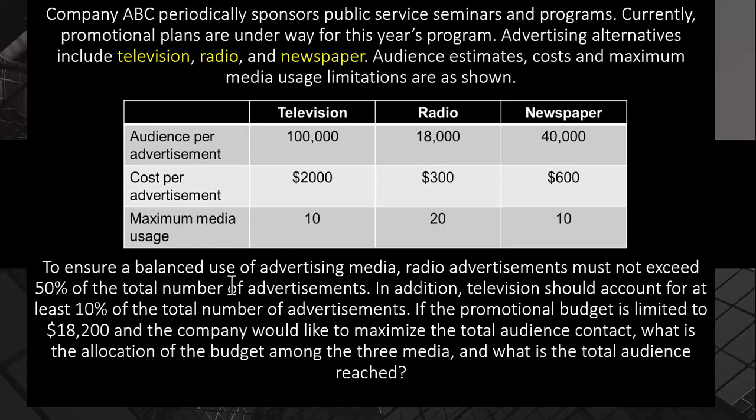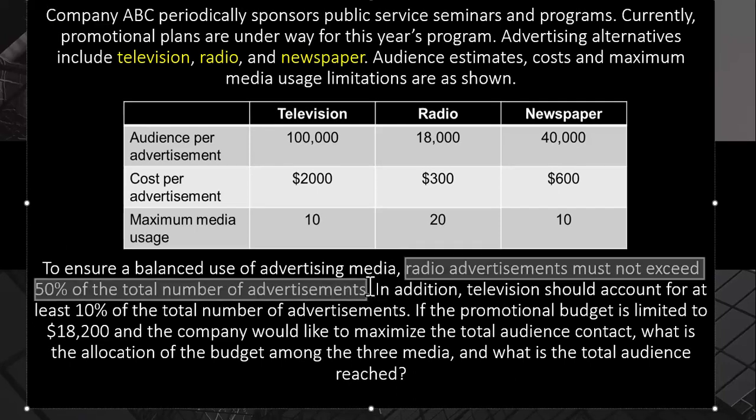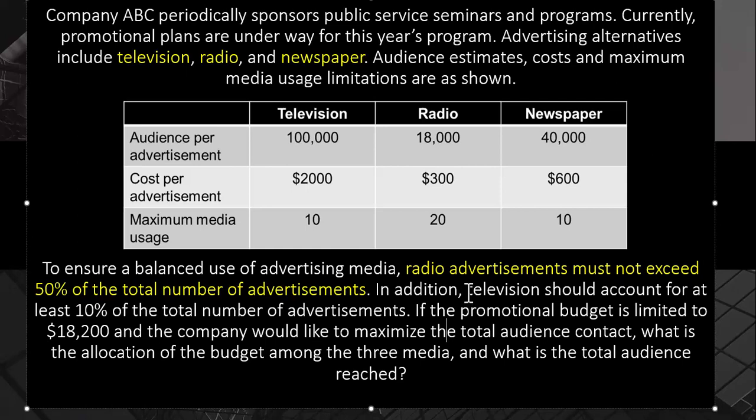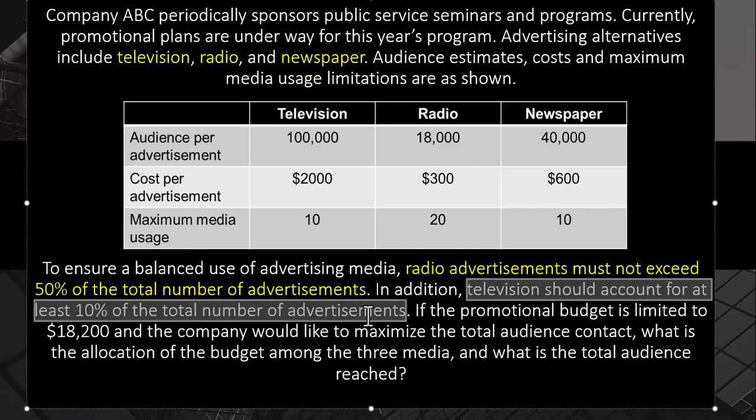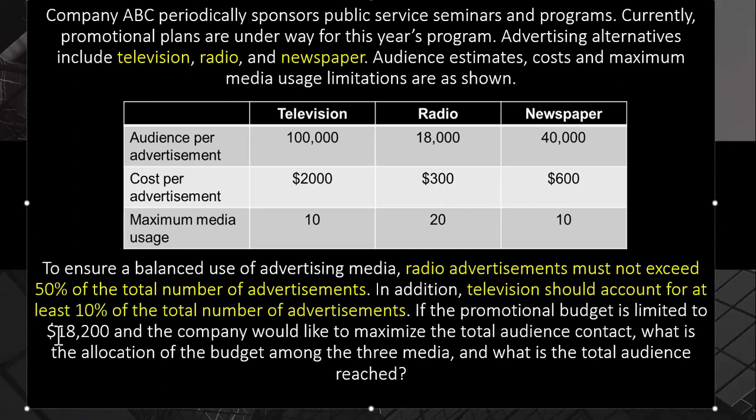To ensure a balanced use of advertisement, radio advertisements must not exceed 50% of the total number of advertisements. This is a condition we will consider as a constraint. In addition, it says that television should account for at least 10% of the total number of advertisements. And the promotional budget is limited to 18,200, and the company would like to maximize the total audience contact.